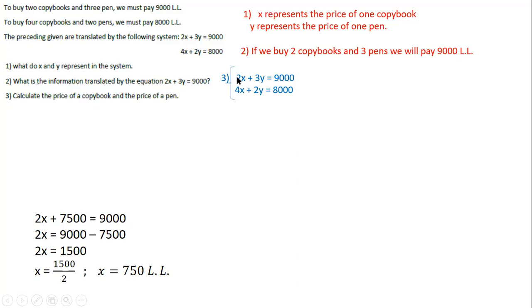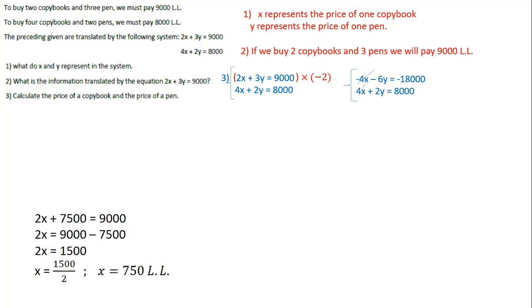So multiply equation 1 by negative 2. So 2x times minus 2 is minus 4x, plus 3y times negative 2 is minus 6y, equal to minus 18,000, and 4x plus 2y is equal to 8,000. Now we are able to eliminate x from both equations.